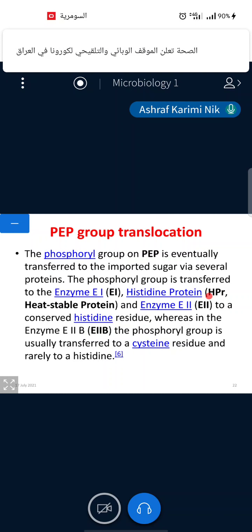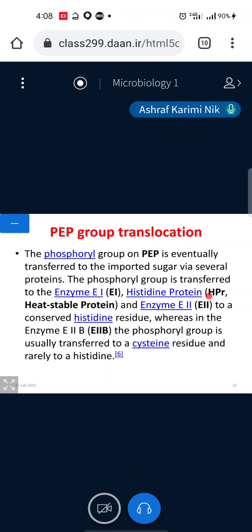HPr is a heat-stable protein. Then to enzyme E2, to a conserved histidine residue, whereas in enzyme E2B, the phosphoryl group is usually transferred to a cysteine residue and rarely to a histidine. Sometimes histidine, sometimes cysteine.